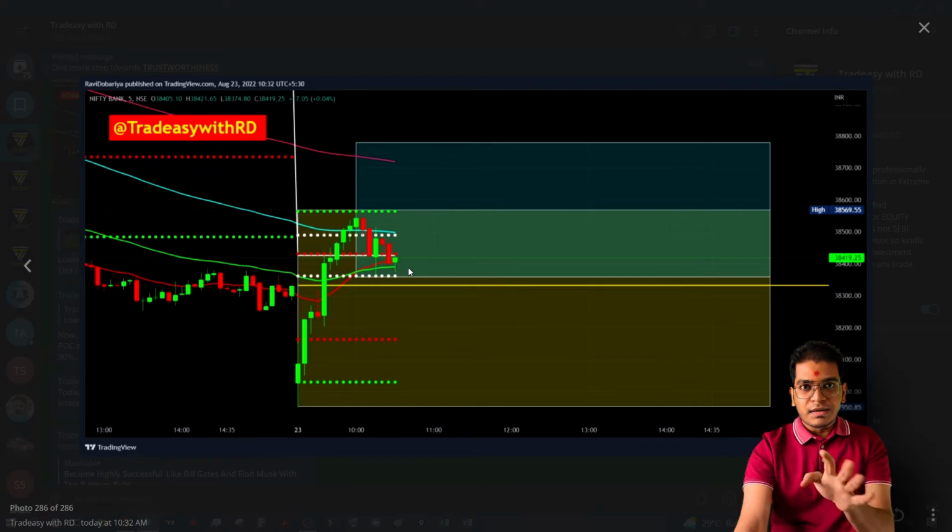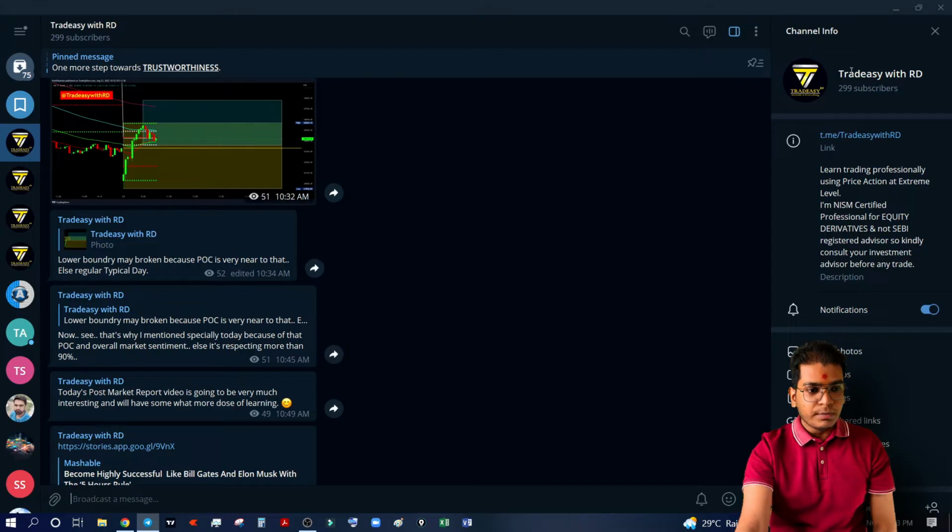So this is the general typical day structure. The market is going to trade within this sideways range. But today I told, the lower boundary may be broken because of POC, it was very near to that lower part, and that's what actually happened.